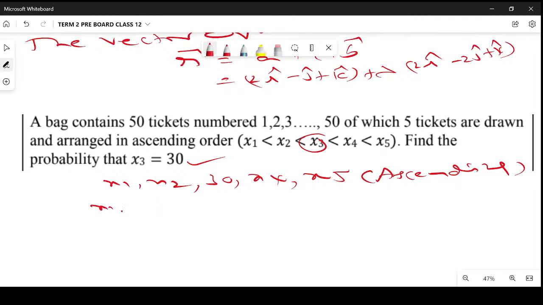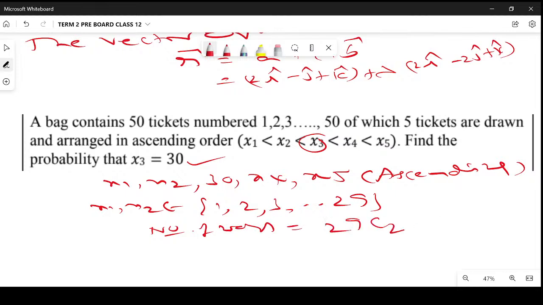That means x1, x2 belong to the numbers 1 to 29. To select these numbers from 1 to 29, the number of ways is 29C2, any 2 numbers.